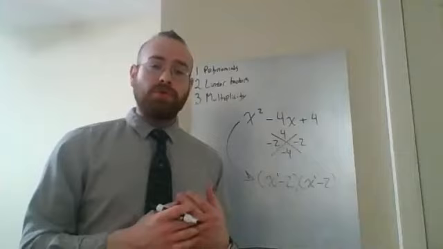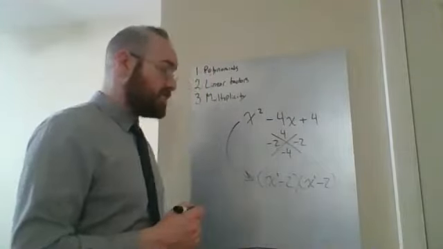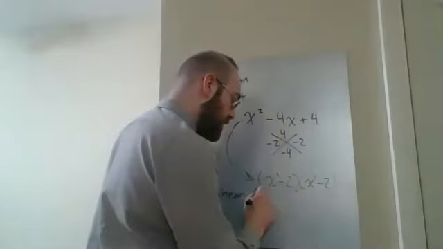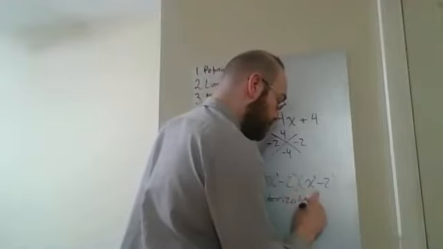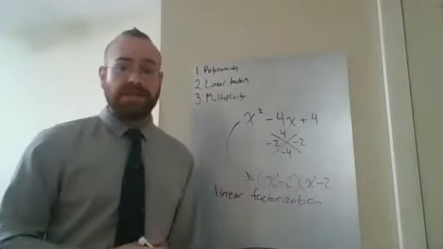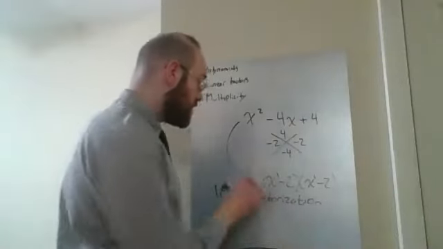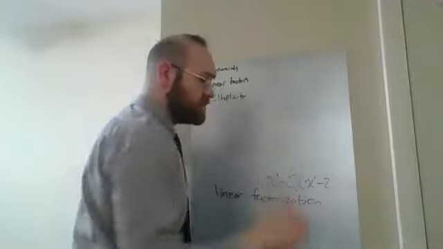And when we're able to write a polynomial as a product of linear factors, we call it a linear factorization. Or you can just say product of linear factors. We can come up with any type of product of linear factors.